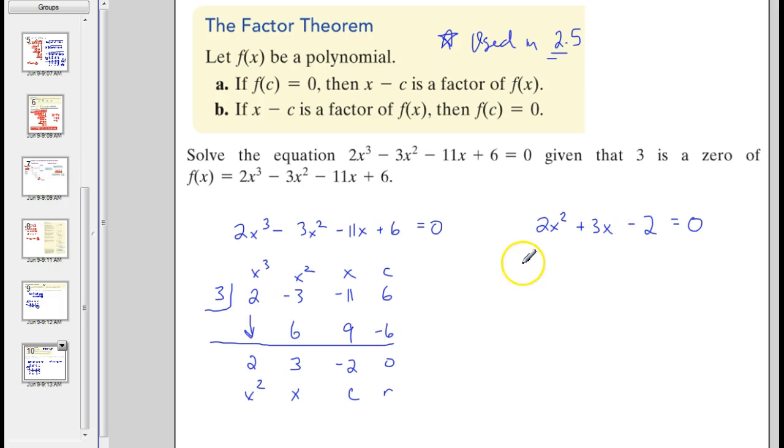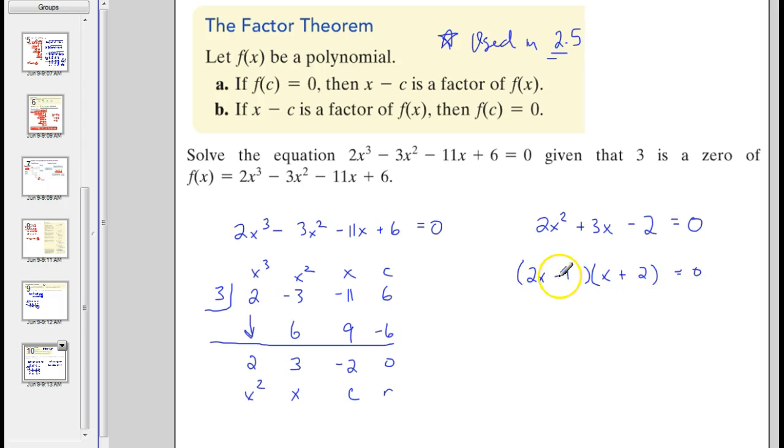But this one will factor. I can have a 2x here, x here, and then I need a number here and here. The outside inside gives me 3. So I'll have a 2 here, negative 1 here. Okay, so this is 2x squared. Outside's 4x, inside's negative 1, that's 3x, and then that's negative 2.